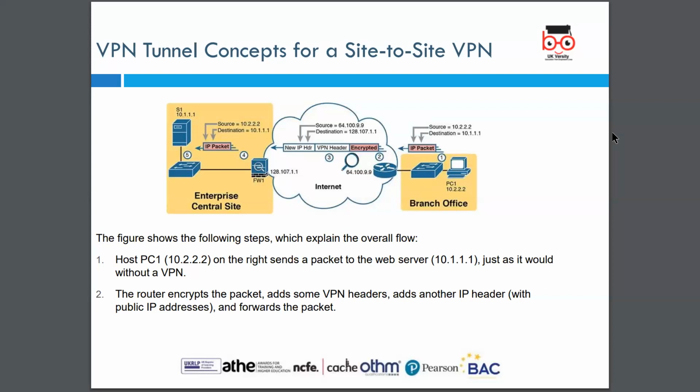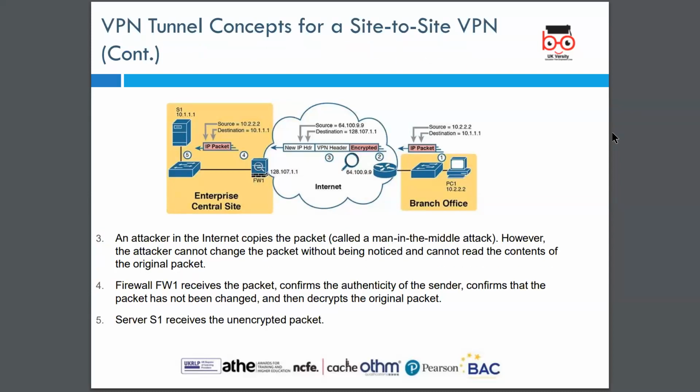The first one is that host PC1 on the right sends the packet to the web server, just as it would without a VPN, and the router encrypts the packet, adds a VPN header, adds another IP header with a public IP address, and forwards the packet. That's how it keeps it safe.